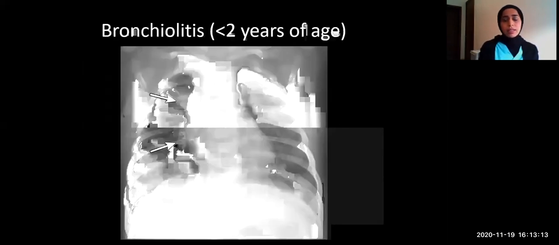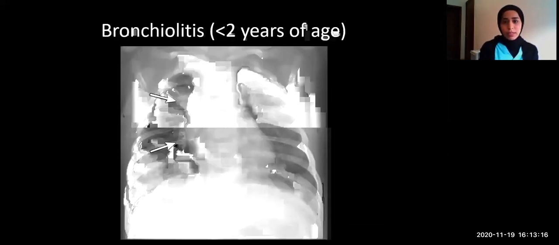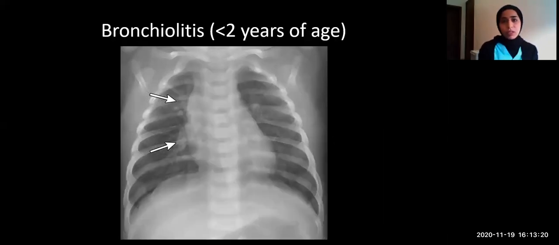Another entity of an infectious airway disease is bronchiolitis, which is infectious in origin, usually seen in under 2 years of age in pediatric age group. You have similar findings if you compare it to asthmatic patient, but it is non-allergic or non-inflammatory in condition.